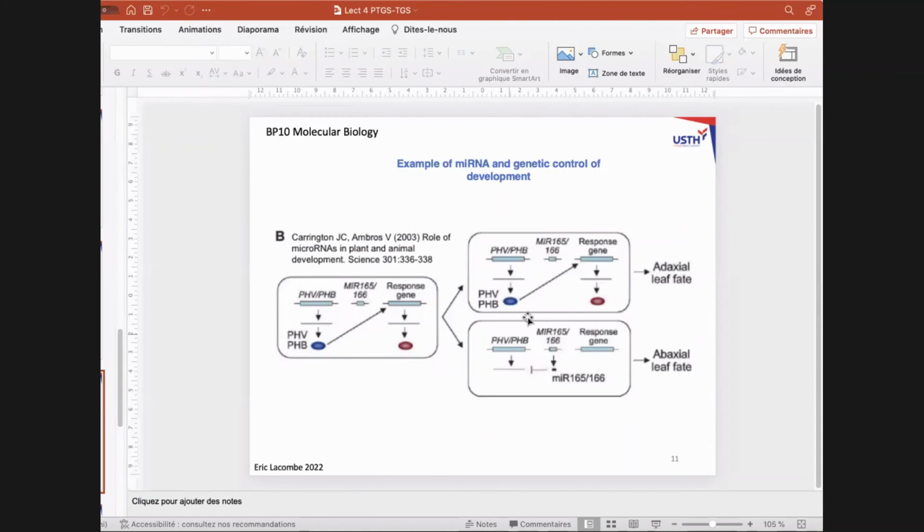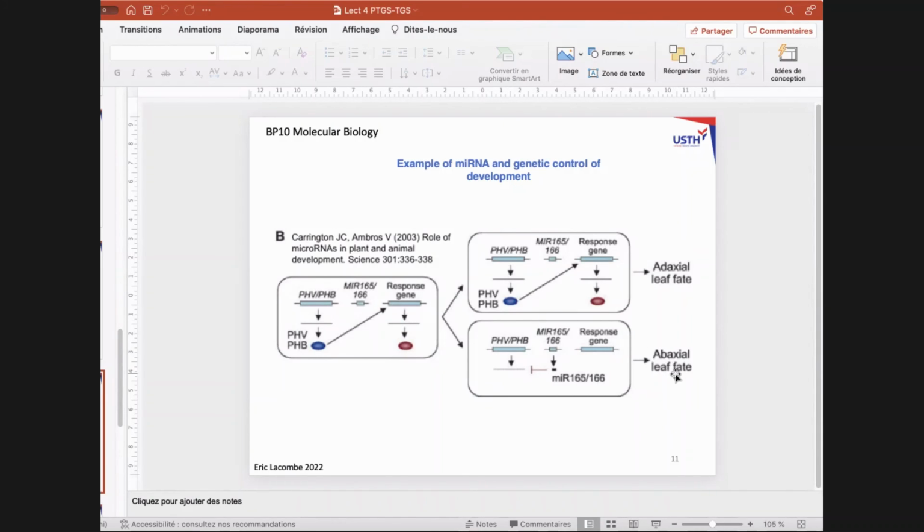So you see the biggest difference from what I tried to draw you in that situation. So this is the transcription factor. And there was one way of arriving to the same process, which is, for example, if this transcription factor was transcribed and translated in the adaxial cell, the transcription factor is produced and is going to activate the gene, so you have the response, no problem.